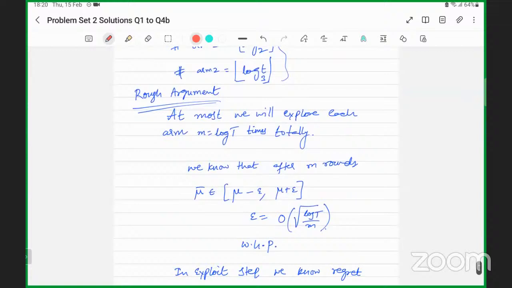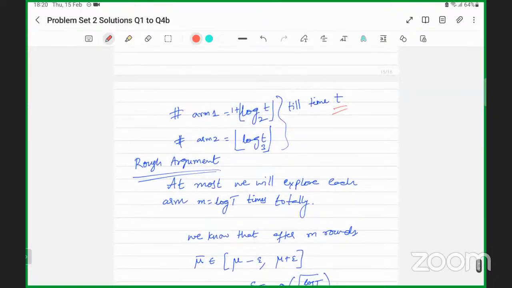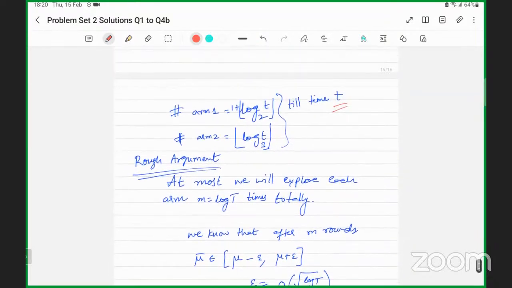So if you assume, even due to exploration, the total number of times you would have played arm 1 and arm 2 will be log T base 2 and log T base 3. Due to exploitation, we could have played some other times, more times, but due to exploration, this is what we can play, right?